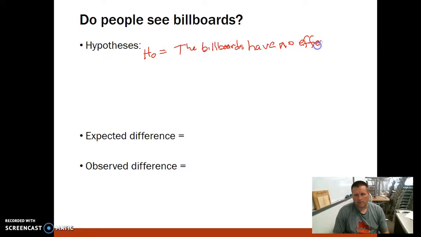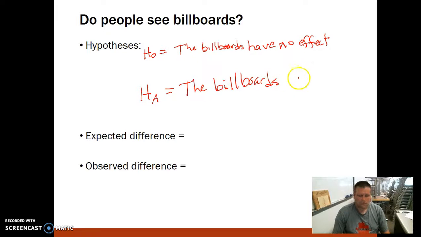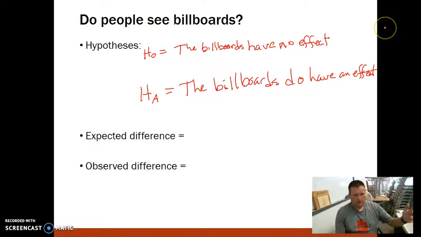It means that the difference in our observed percentage is just due to chance. And our alternative would just state that the billboards, again, you want to write this down every time, the billboards do have an effect. Okay, so that's step number 1.